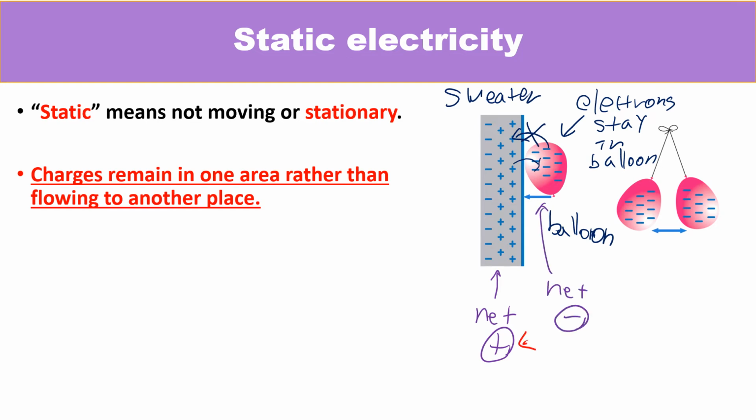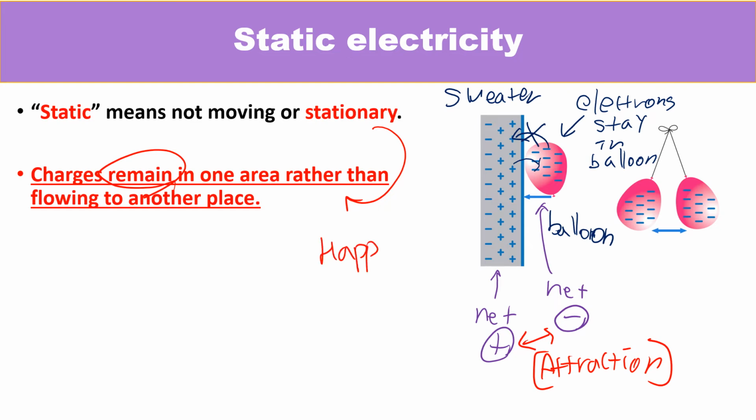And because of this positive and negative attraction, they decided to stop jumping. They decided to remain in one area rather than flowing to another place. That's why we call this phenomenon stationary electricity or static electricity. It's not about the mechanism of how that happened, it's about what happens afterward.